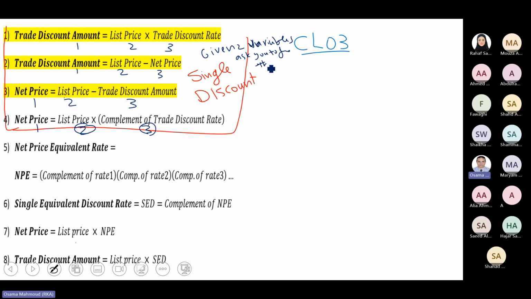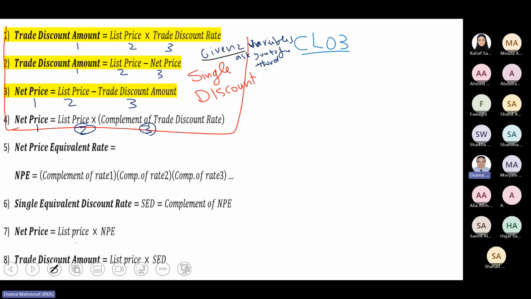So go to your formula sheet and check which formula has the given two values and the one asking for you. It's better to go as a shortcut to the right formula, right?